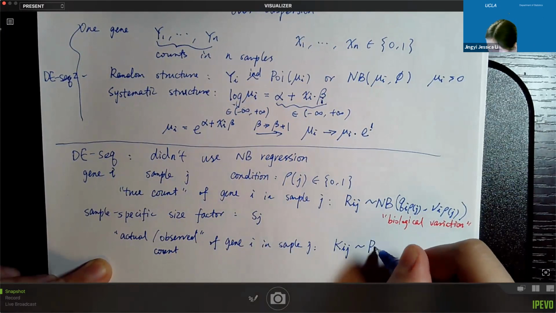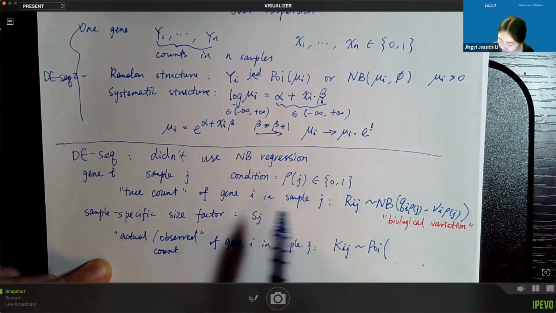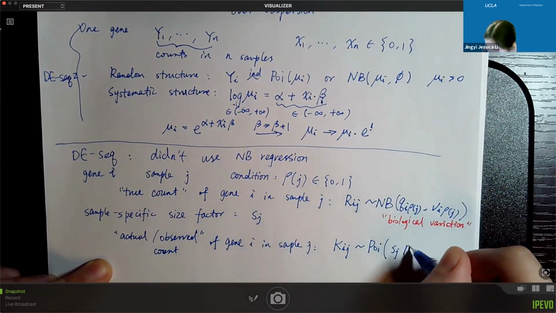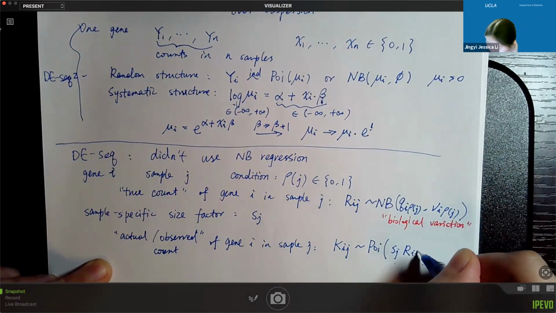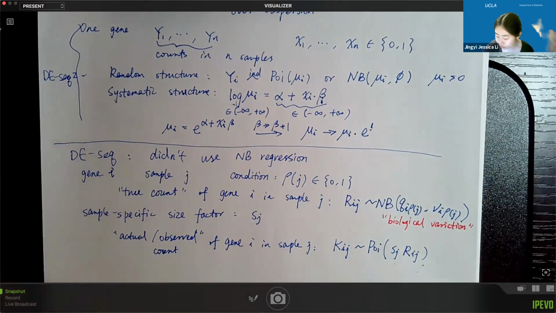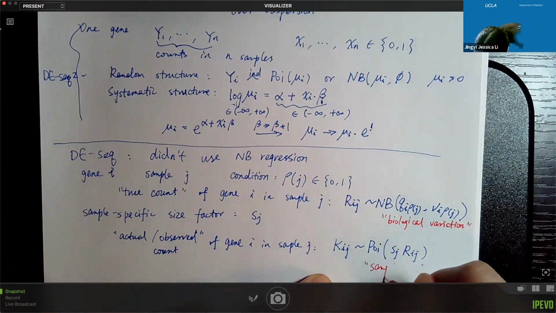It follows a Poisson distribution with mean as the true count multiplied by the size factor, s_j times R_ij. That's the second layer. And you can consider this to be what we call the sampling or sequencing variation.